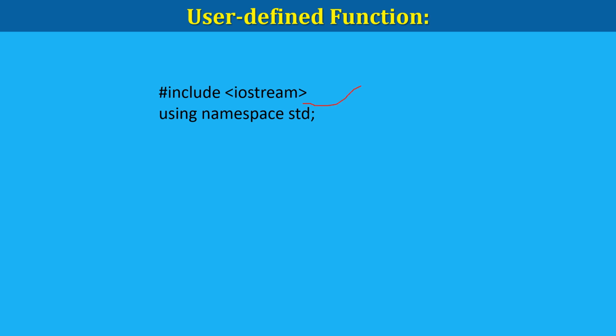Using namespace std allows you to use the standard library features like cout and cin without having to prefix them with std. string is the return type of the function, indicating that it will return a string, even or odd. checkEvenOdd is the name of the function. It indicates that the function will check whether a number is even or odd.